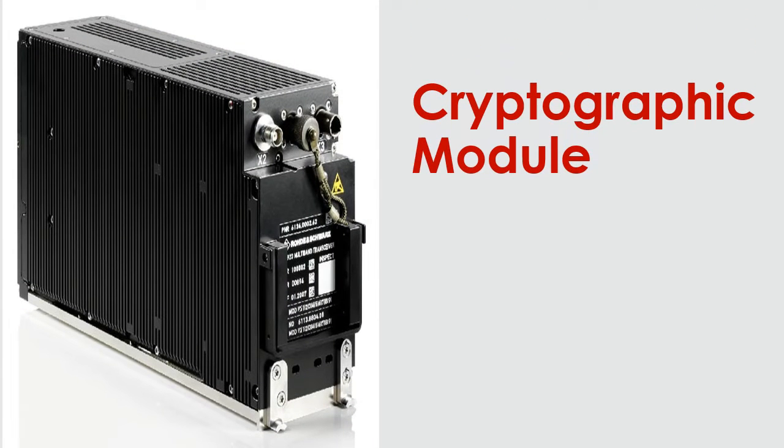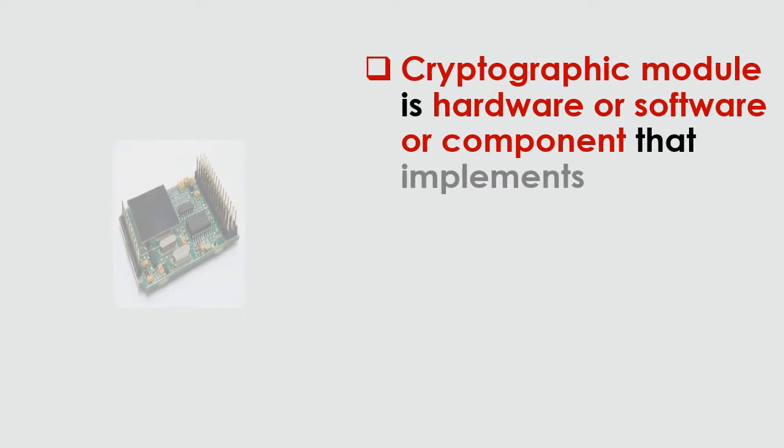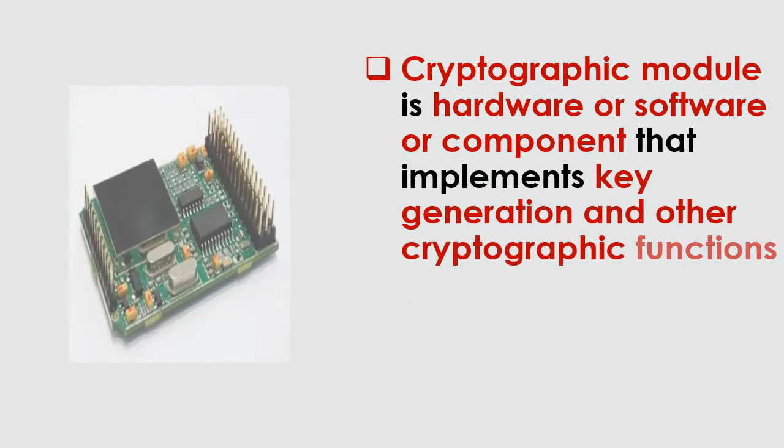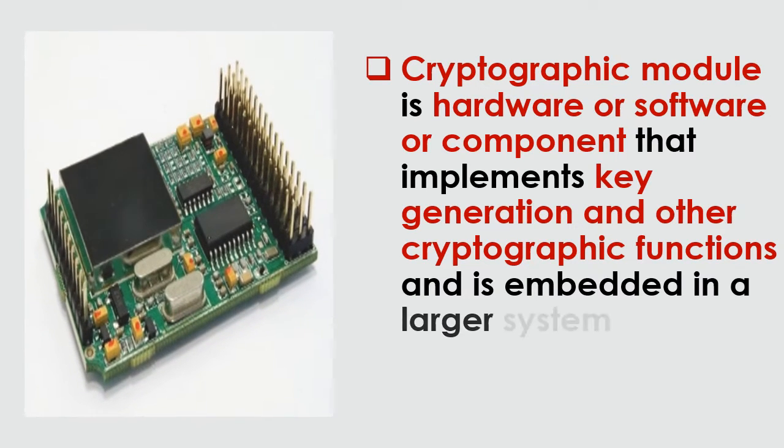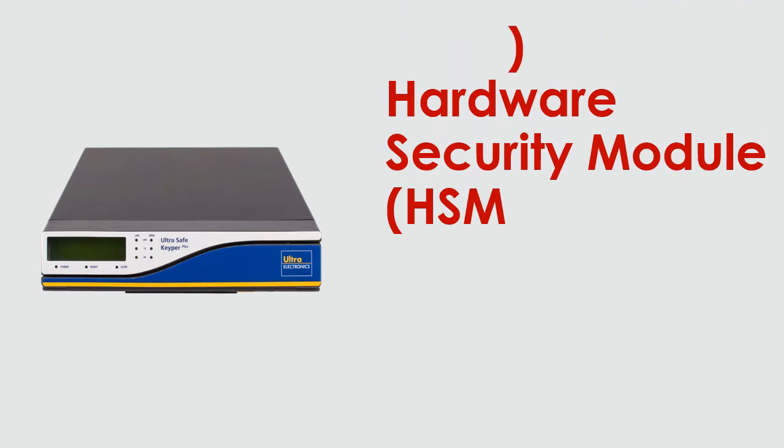Cryptographic module. A cryptographic module is hardware or software or a component that implements key generation and other cryptographic functions and is embedded in a larger system. Hardware security module, HSM.